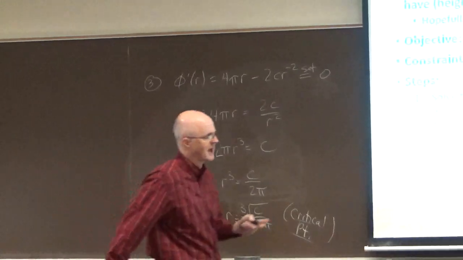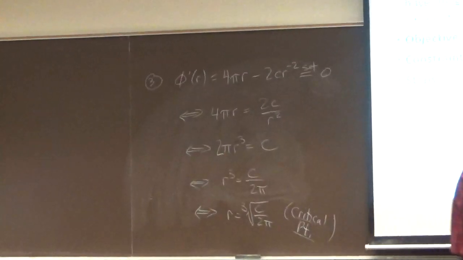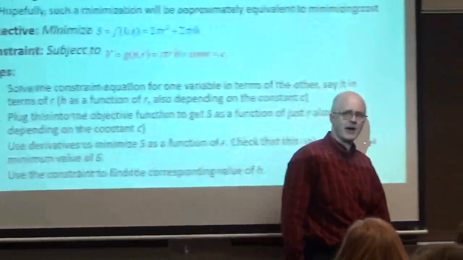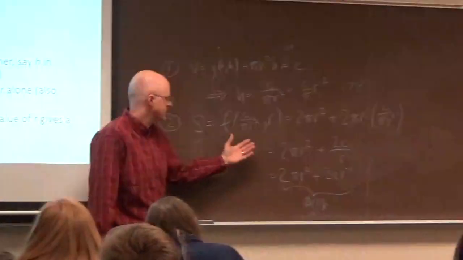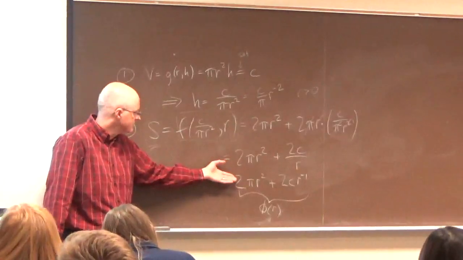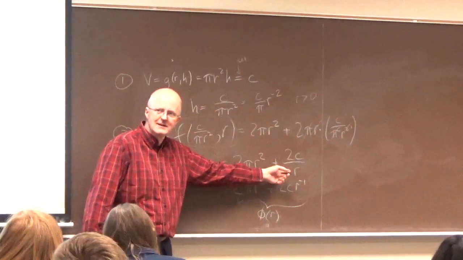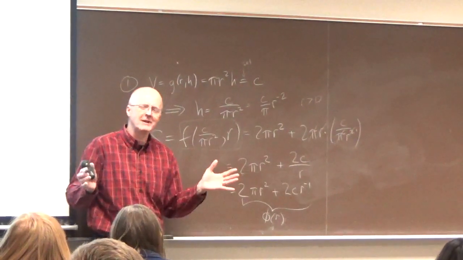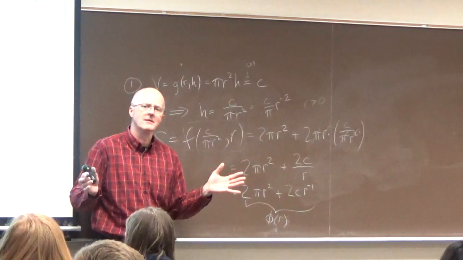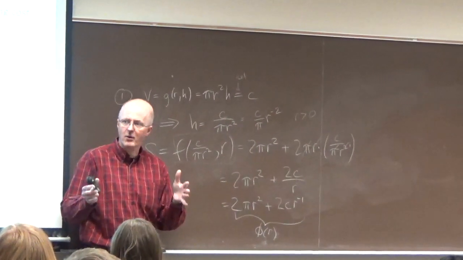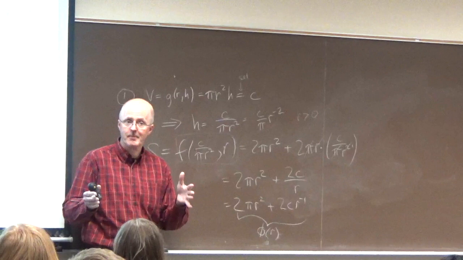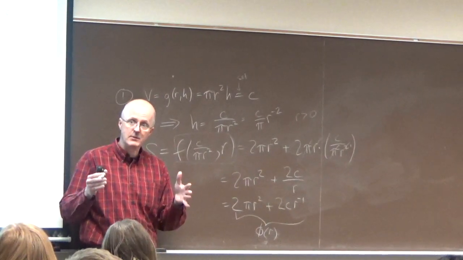R equals 0 is not part of the domain. So even though the derivative is undefined at 0, the original function is not even defined at 0. You'd be dividing by 0. So since it's not part of the domain, you wouldn't call that a critical point.